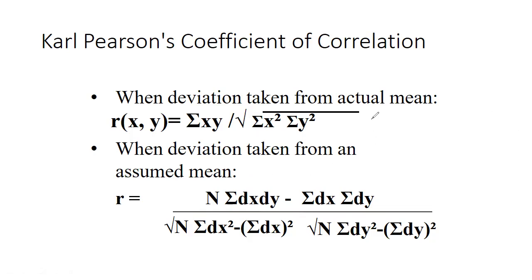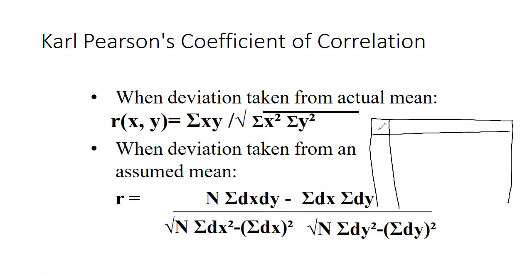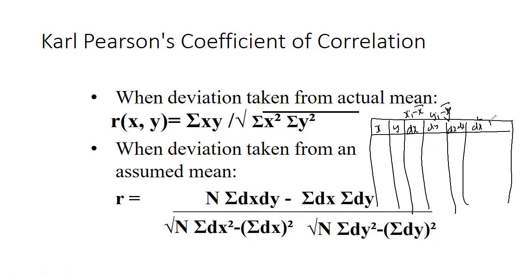If we want to calculate manually, first we write the observations in the first column x, second column y, then dx, nothing but xi minus x bar, dy, nothing but yi minus y bar, dx dy, dx square, dy square.